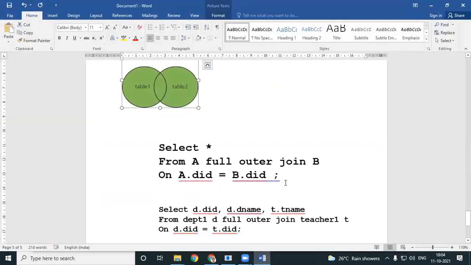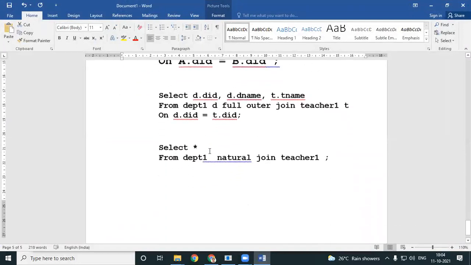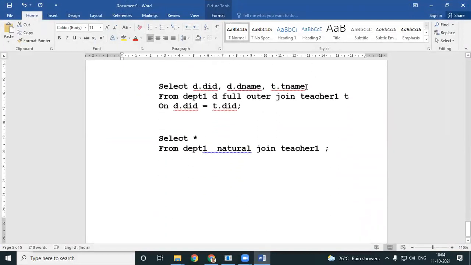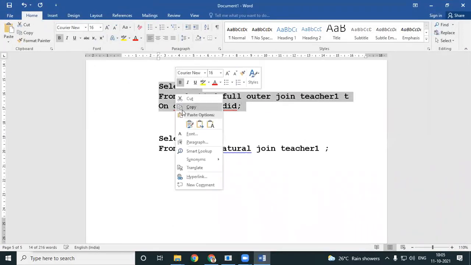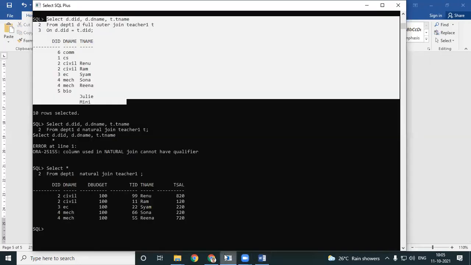I'll just take everything so that the difference is much clearer.